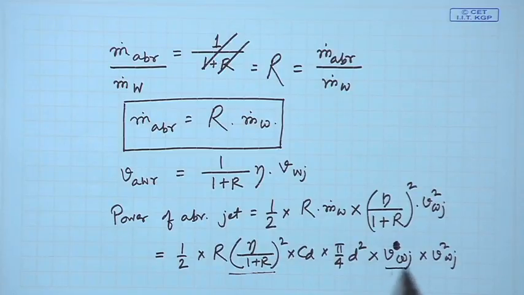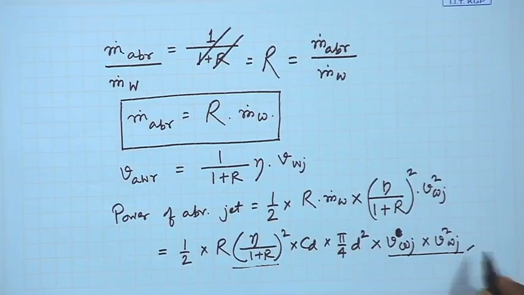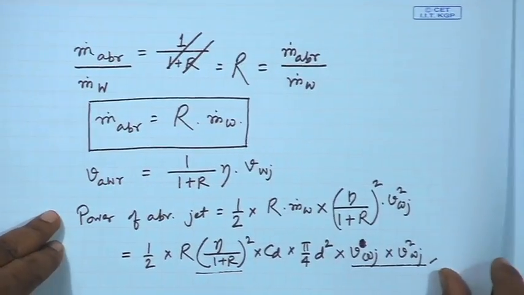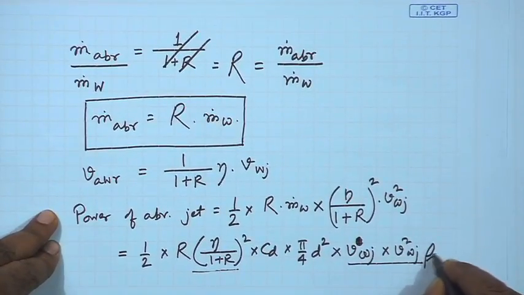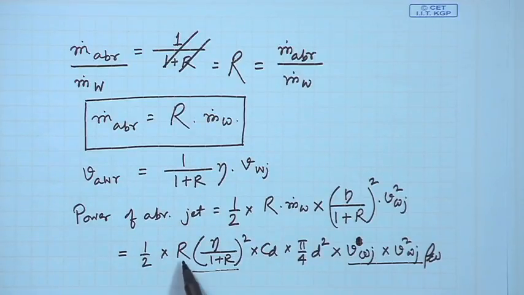We have velocity to the power 3. Velocity to the power 3 is going, we have volume into density. It's mass. So, we have to have a density term into rho W. So, obviously, we are going to have R into eta over 1 plus R whole square into etcetera, etcetera, etcetera. So, rho W and V cube, this is what is our worry now.